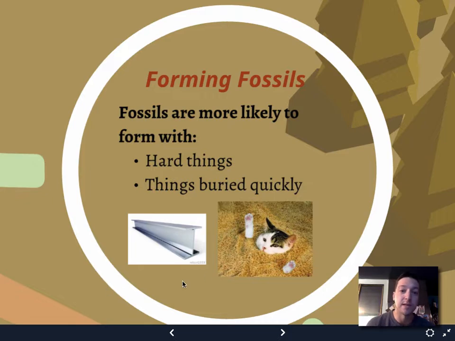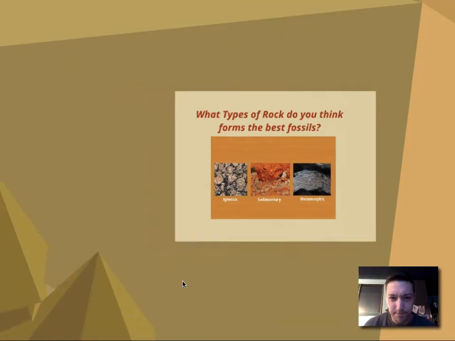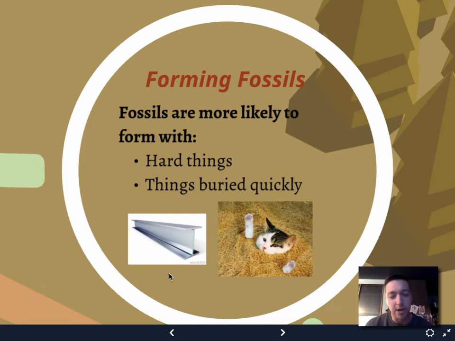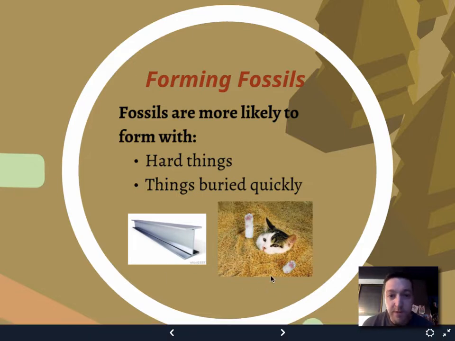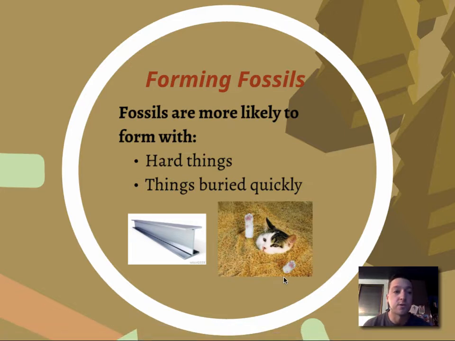And the reason for these, I can go a little bit into it. If something is harder, it's less likely to decompose underground. And if it's buried quickly, it's not really exposed to the weather, or to bacteria and bugs that can eat it.